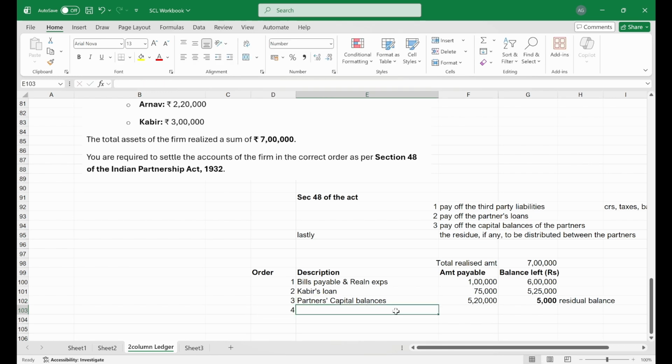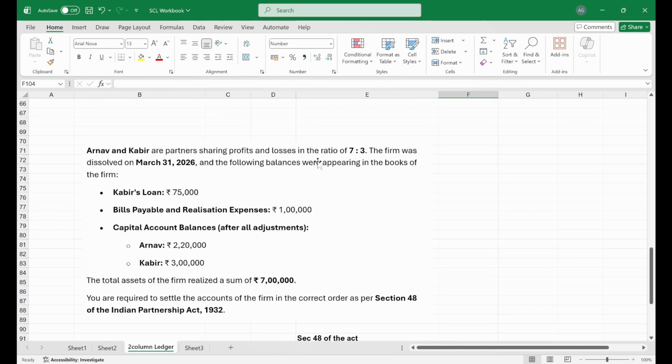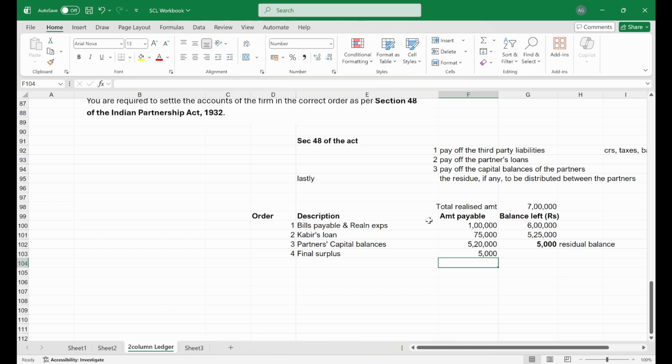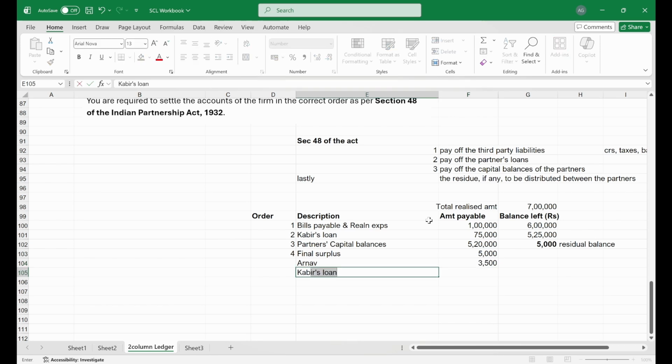So last divisible profit, or I call it as the final surplus. 5,000 is distributed between Arnav and Kabir in what ratio? In 7:3 ratio. So to Arnav it will be paid 5,000 into 7/10, 3,500, and to Kabir it will be paid 1,500.